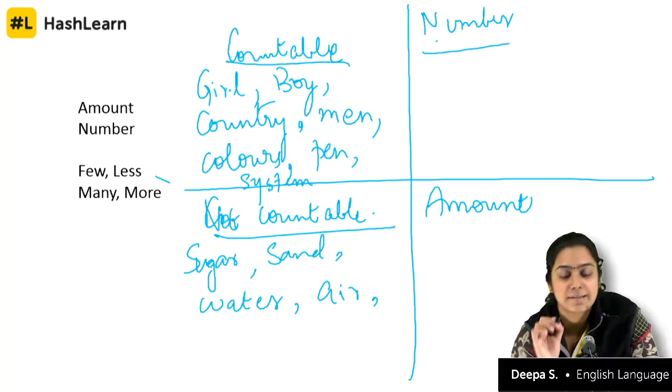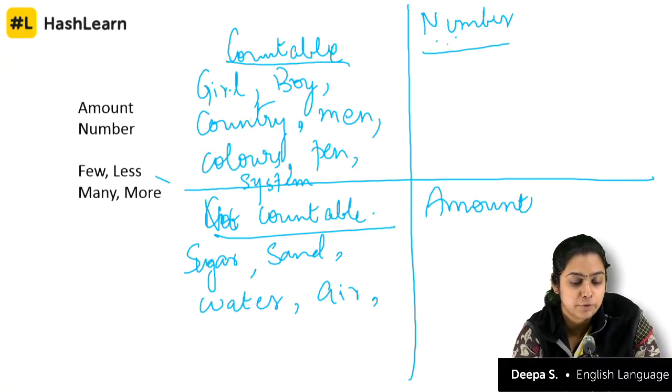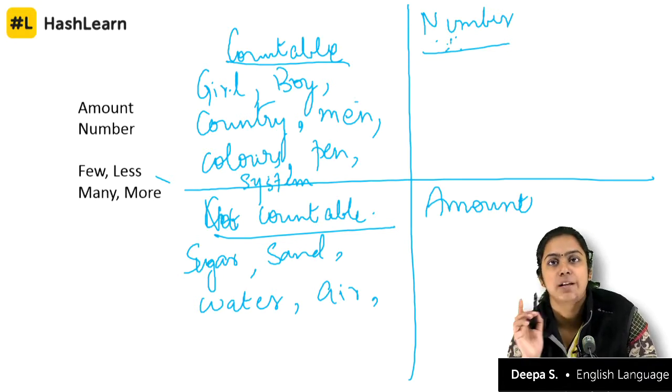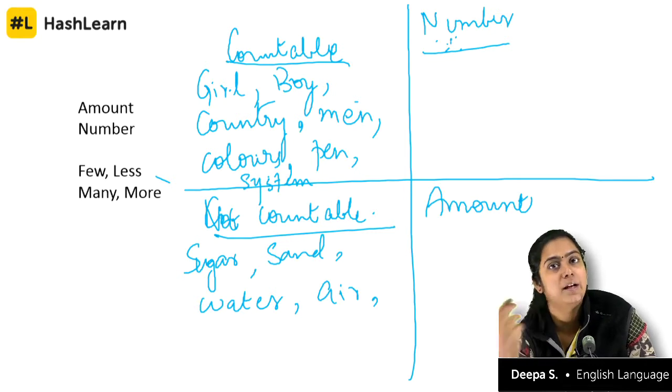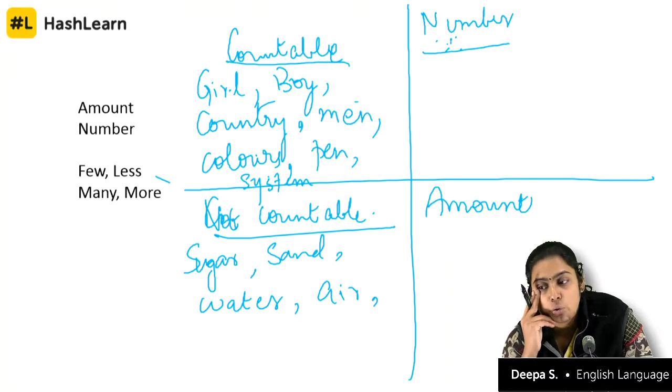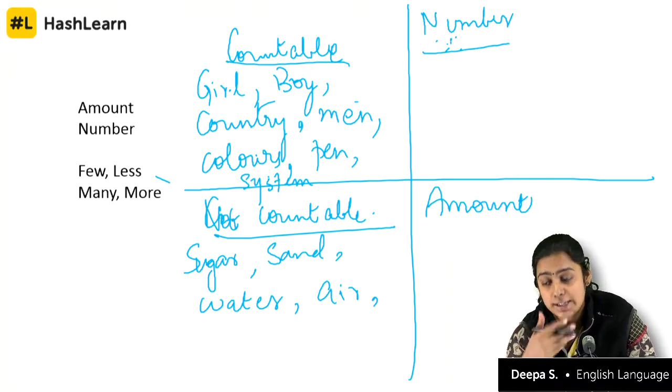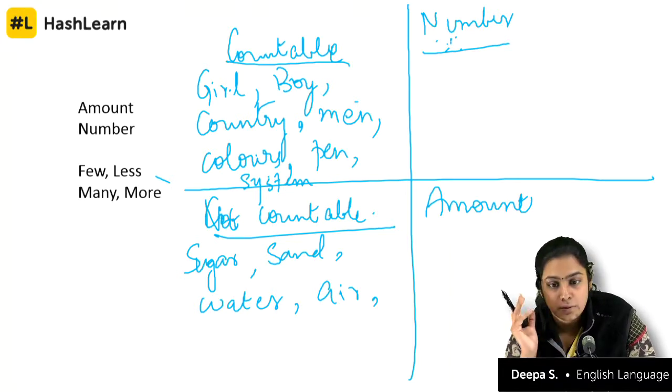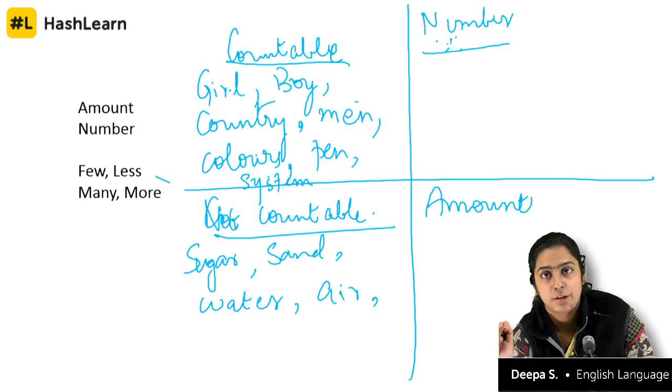Number of girls, number of boys, number of countries, number of men, number of colors, number of pens, number of systems. Make sense? You can actually count. Okay. When you say the number of girls who appeared for the test is 21.